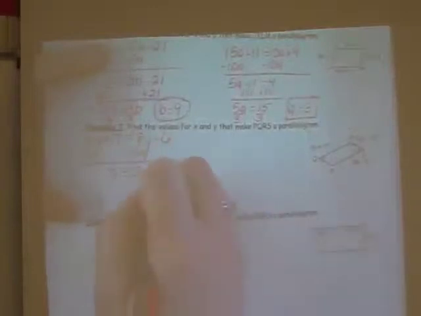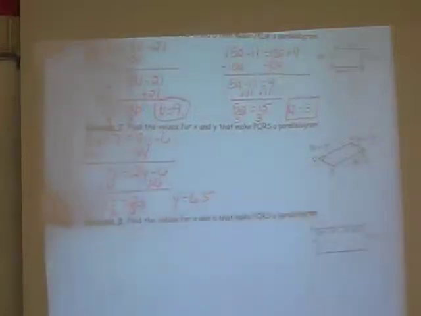We subtract 6y from both sides, and we have 7 equals 2y minus 6. And when we add 6 to both sides, we have 13 equals 2y. Dividing both sides by 2, you are left with y equals 6.5.